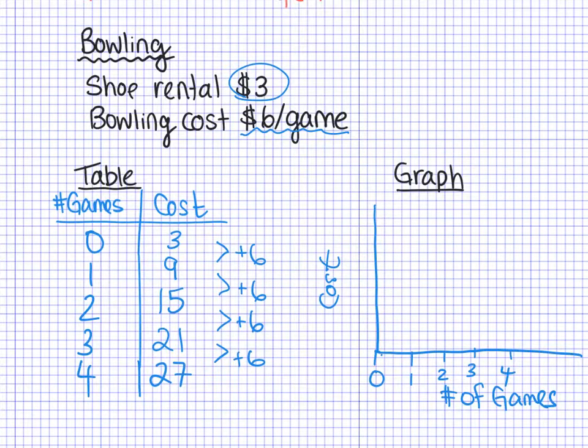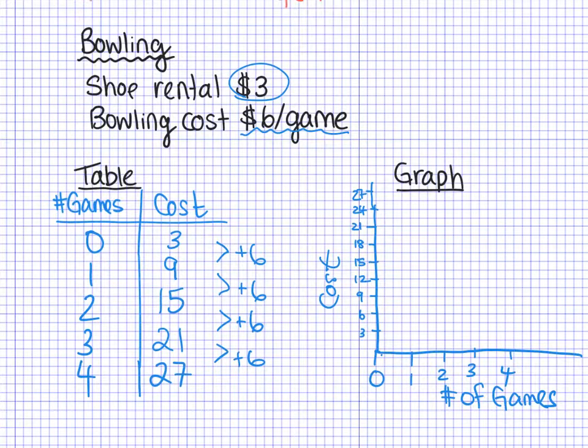So I'm going to skip every other line and go by 3s: 3, 6, 9, 12, 15, 18, 21, 24, 27. I'm sorry this is a bit of a rough sketch here.